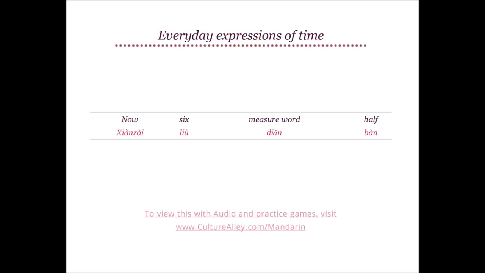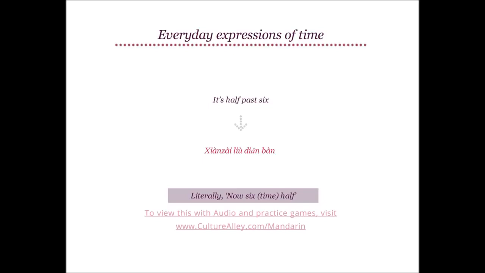The measure word for time remains 点. Half becomes 半. Thus, it's 6:30 translates to 现在6:30, which literally means now 6 time half in Mandarin.